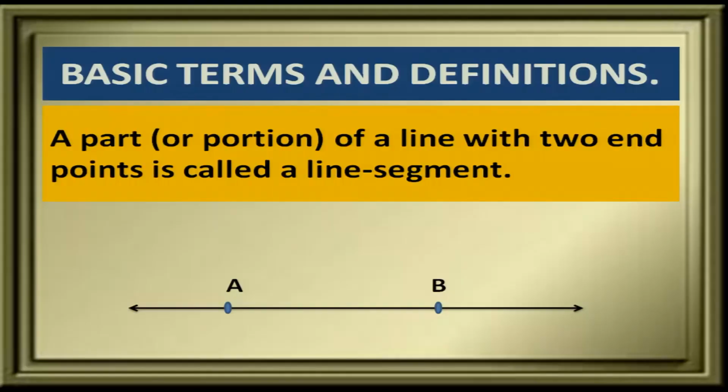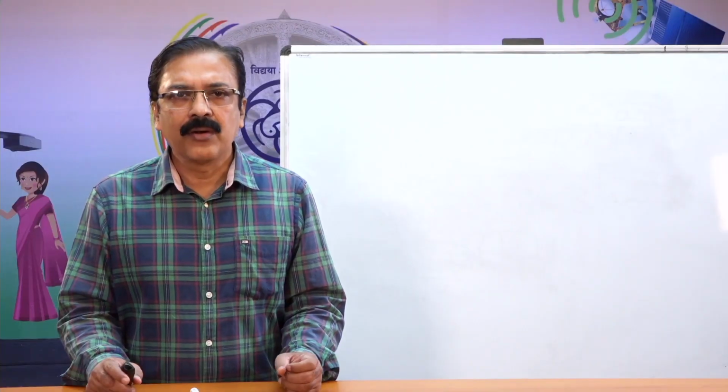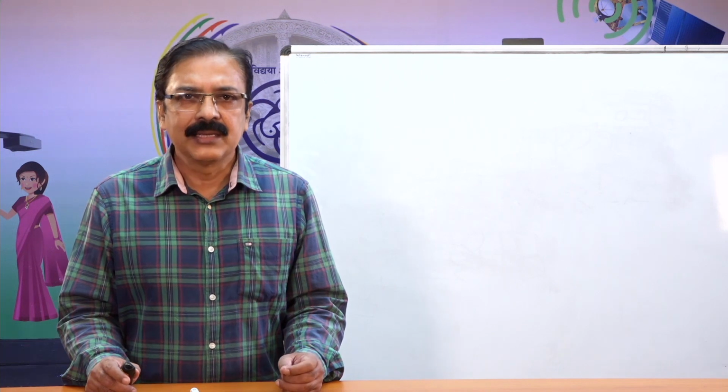So in this basic terms and definitions, what do we study today? Let's see. A part of a line or a portion of line with two endpoints is called a line segment. Have you ever come across such a line segment? In earlier classes in which you were asked to draw a line, what did you do?